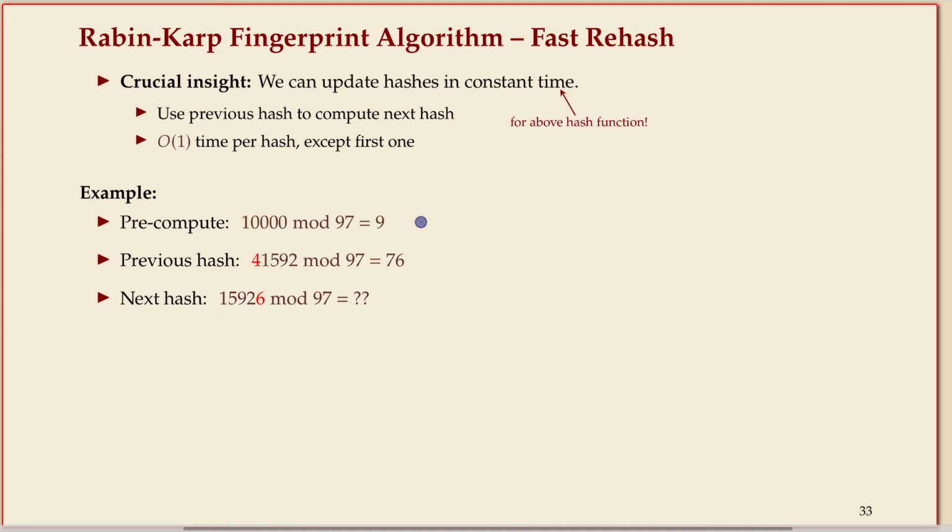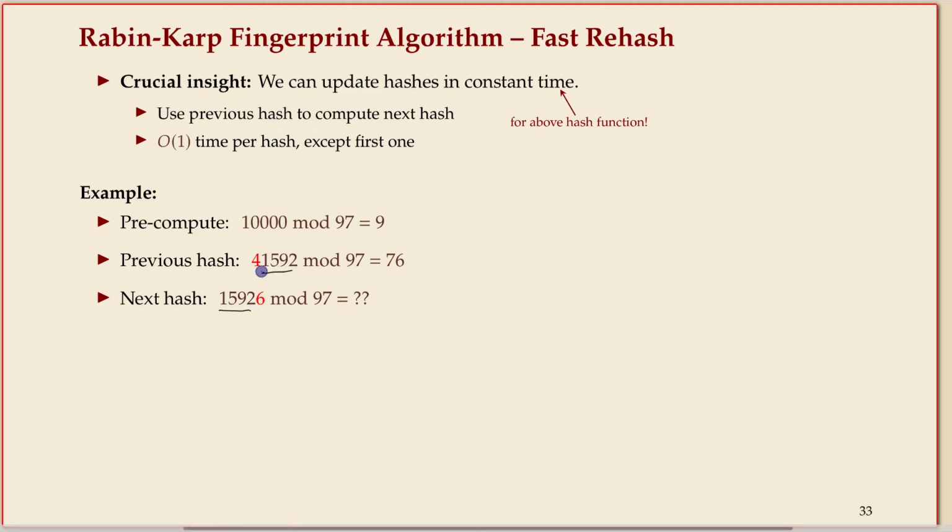And the trick is you pre-compute, for our pattern length, this number, which is just 10 to the number of positions in the pattern. The old hash, say, for this number is known. And now we would like the next hash. And I just point out again, these are all the same.